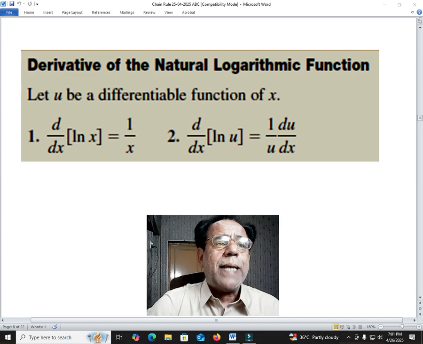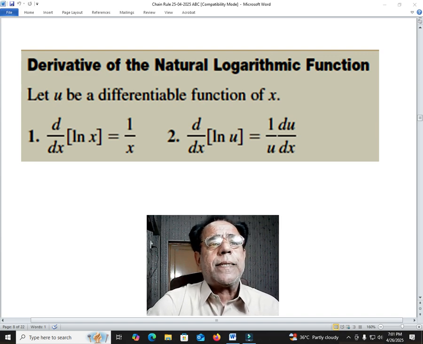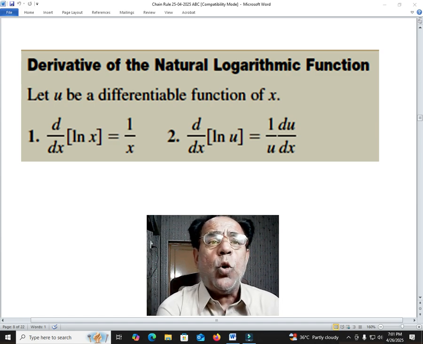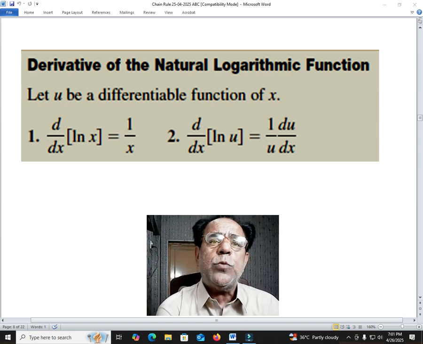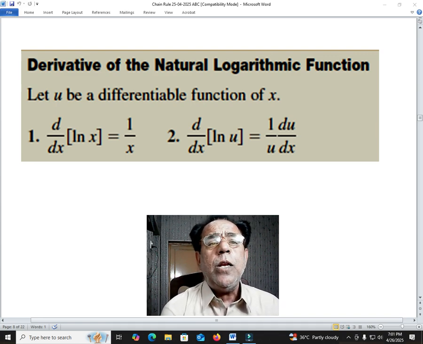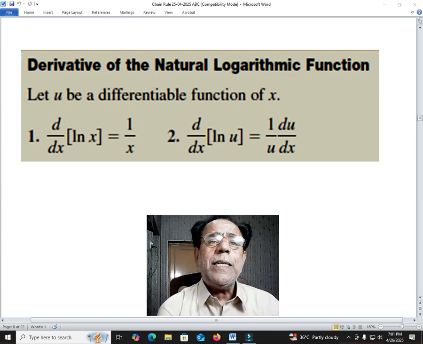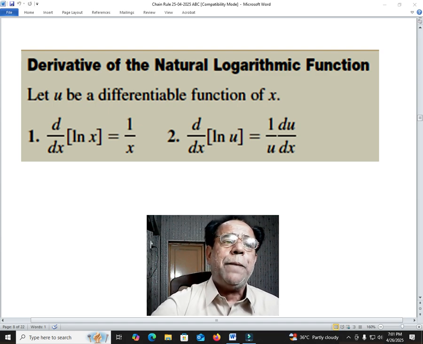Differentiation of log x is 1 over x, and formula number 2, d over dx log u is equal to 1 over u into du over dx, because we are differentiating with respect to x, while log is in terms of u. That is why this second formula will be used in that case.